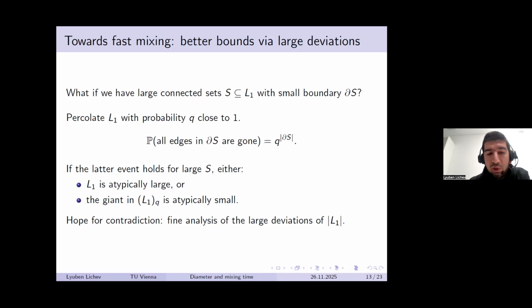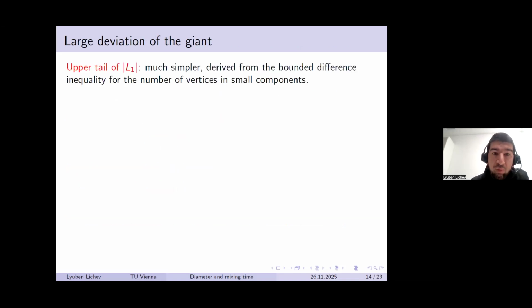Then the hope for contradiction would be to do a fine analysis of the large deviations of the size of this giant component, which is part of what we do. By the size of the giant component, I denote the number of vertices inside, not the number of edges. The upper tail here is much simpler, because if your giant is atypically large, this means that the small components outside of the giant cover an atypically small number of vertices.